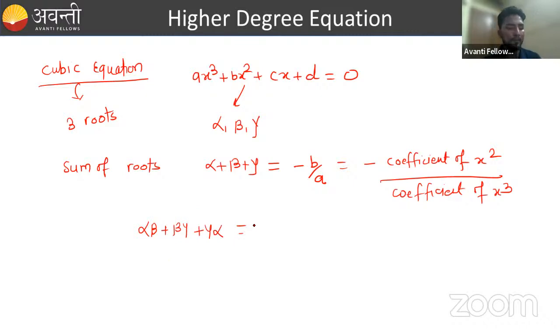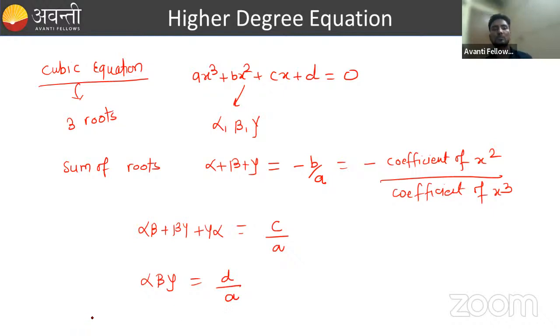Previously I have explained it in the class. It is c by a. Then the product of the roots, alpha into beta into gamma, is minus d by a.